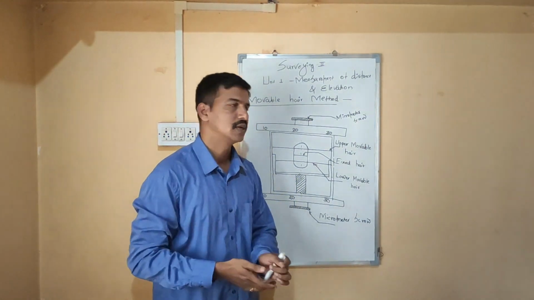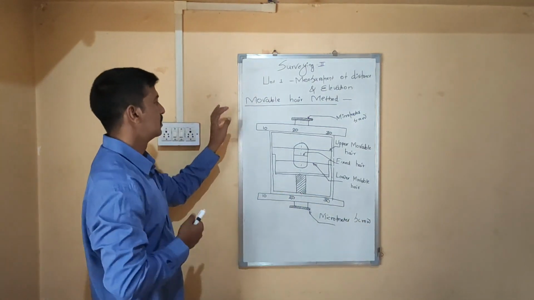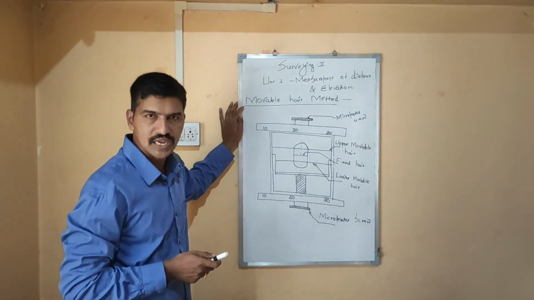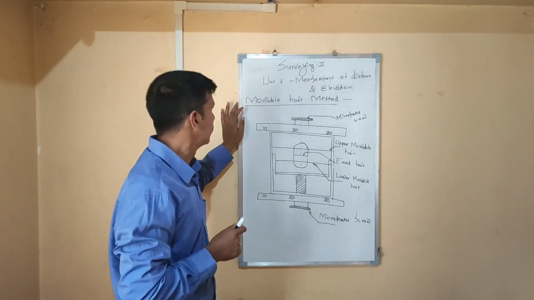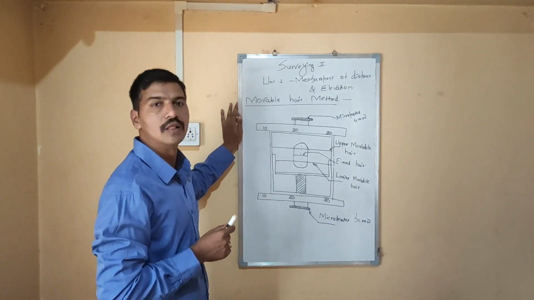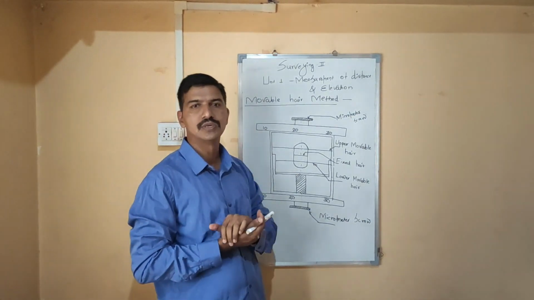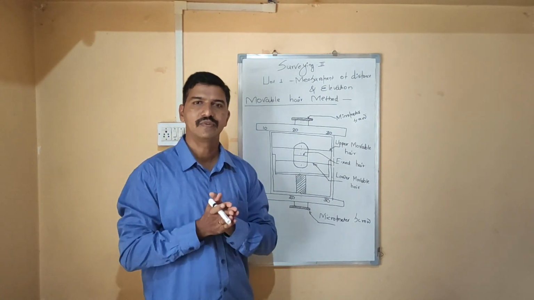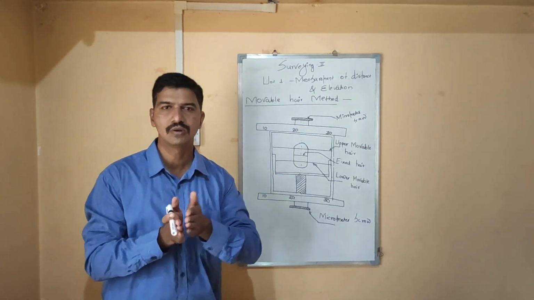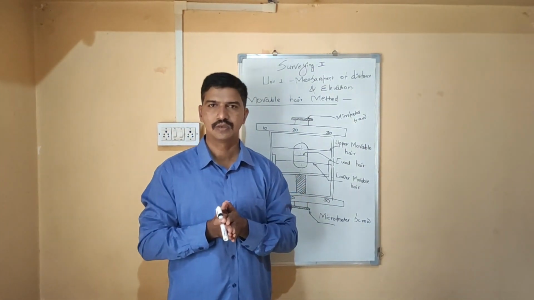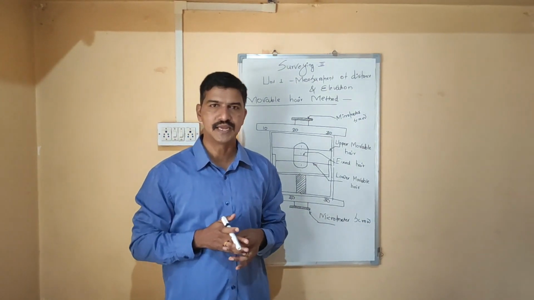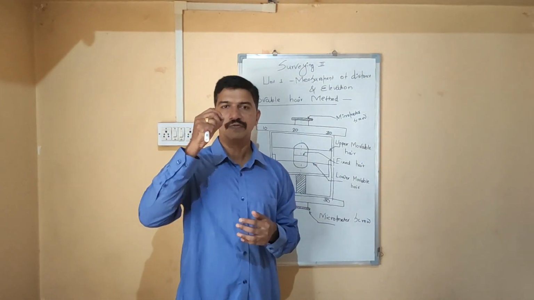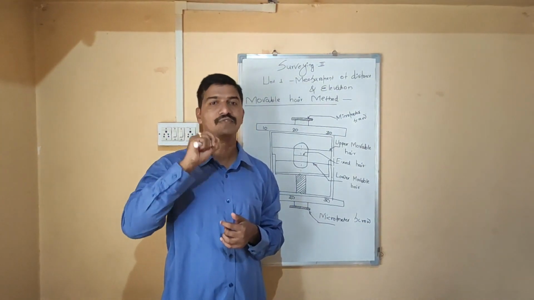Now today we will go for the next subtype in the stadia hair method. The type is the movable hair method. Students, you can easily find the difference between the fixed hair method and the movable hair method. As the name itself indicates, in fixed hair, the hairs are fixed.